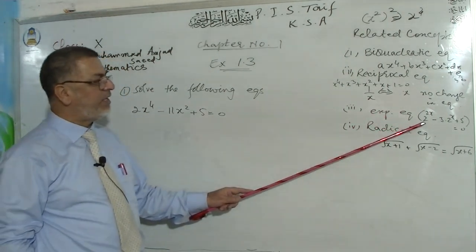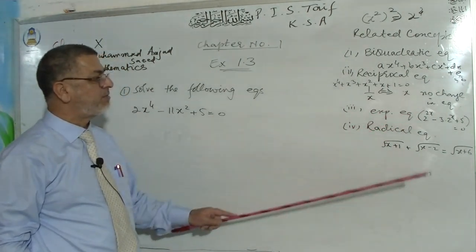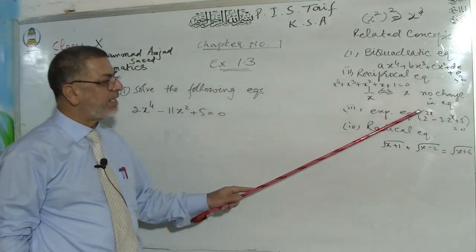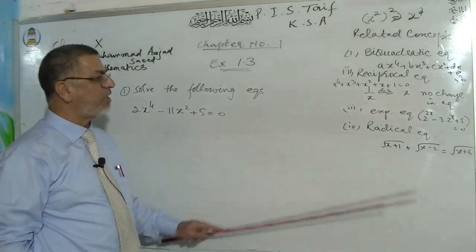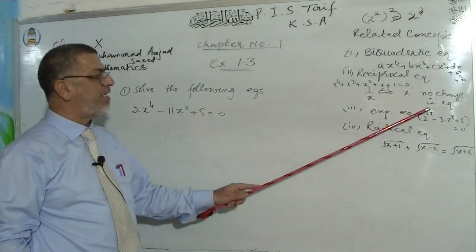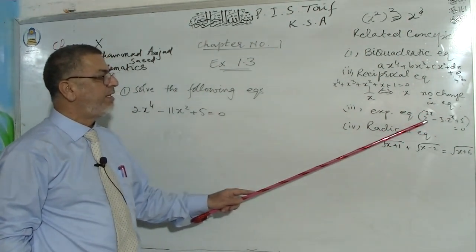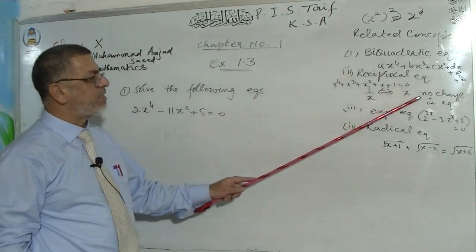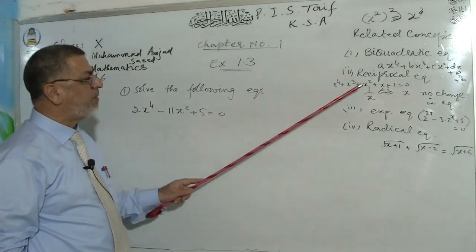Exponential equation means we have a variable in a power, like 2 raised to power 2x and 2 raised to power x. The exponential equation is one in which the variable comes as a power. In case of reciprocal equation, there will be no change if x is replaced by 1 over x.